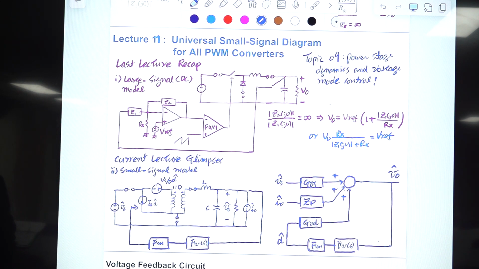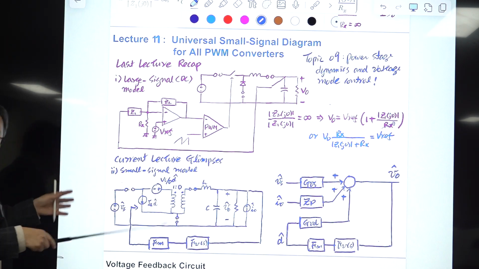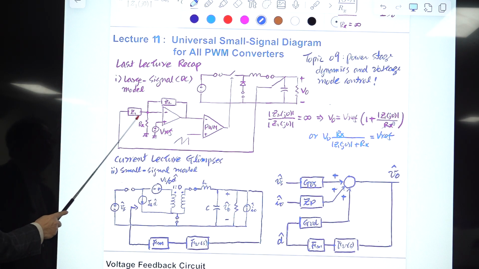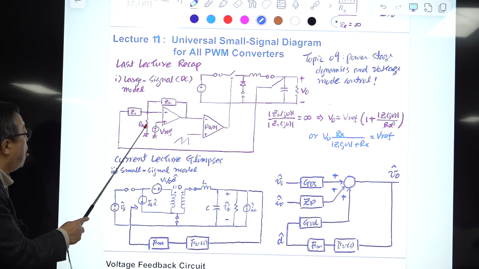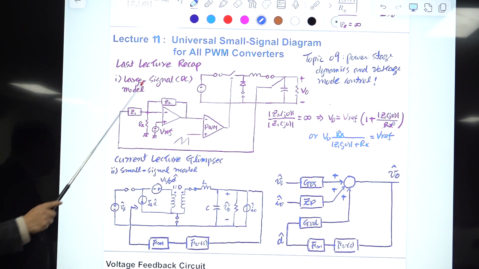So when you want to change the output of your converter, you change Rx, okay? Then you only change the output voltage without touching any design of this voltage feedback circuit. That is one advantage of placing this output voltage controlling resistor at this point rather than any other point.